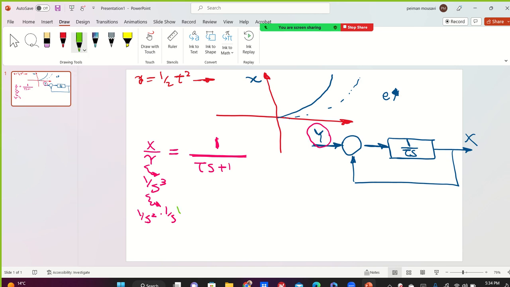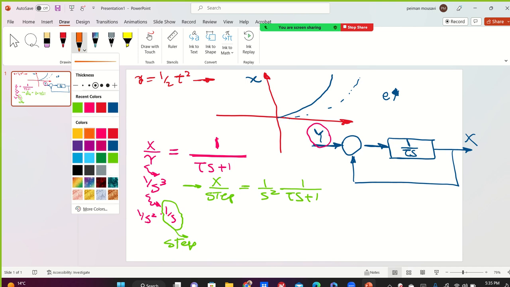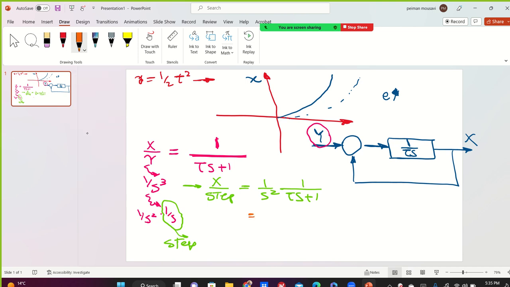So what is this? Yes, it's good that you know that. I'm very happy. So you get that the output over step is going to be 1 over s squared, 1 over tau s plus 1. So on the other hand, you get 1 over tau s cubed plus s squared.